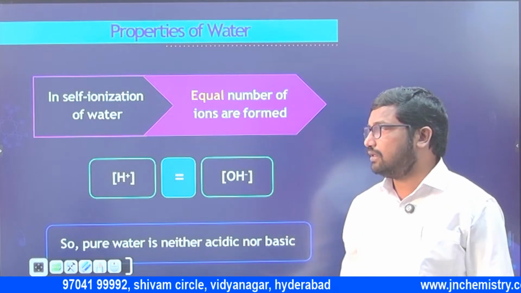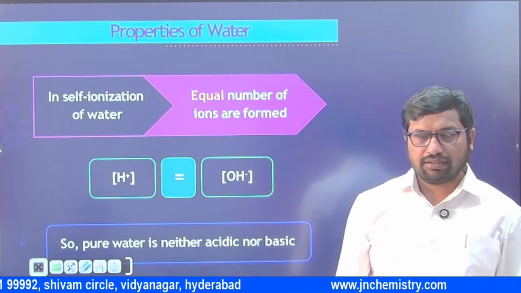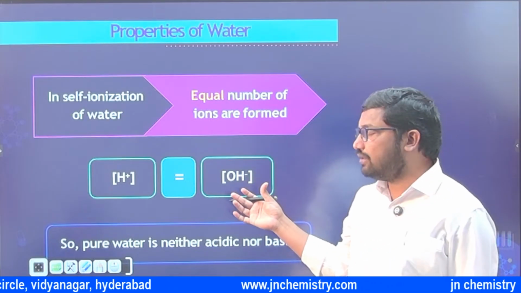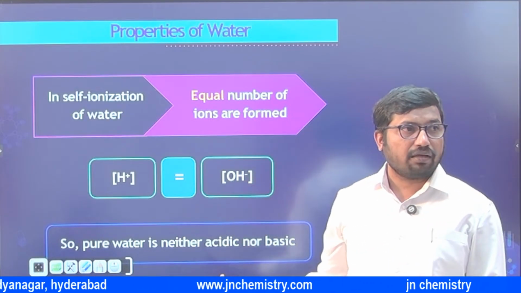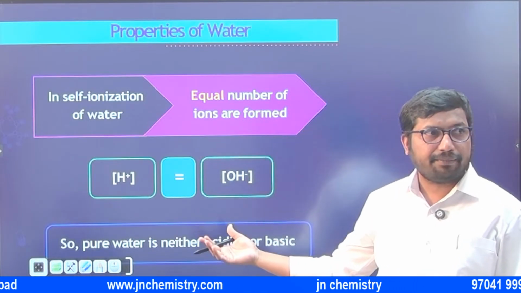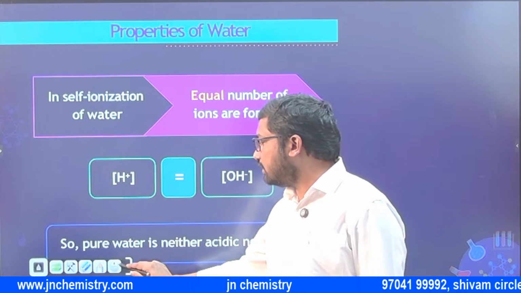It's neutral. It acts as an acid and it acts as a base, depending on the condition. The last example which I told you: in presence of NaOH, it acts as an acid; in presence of HCl, it acts as a base. So water is a universal solvent.